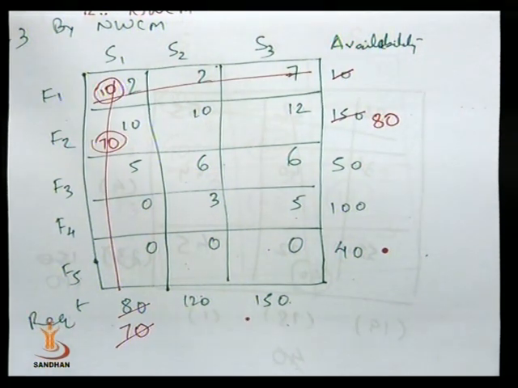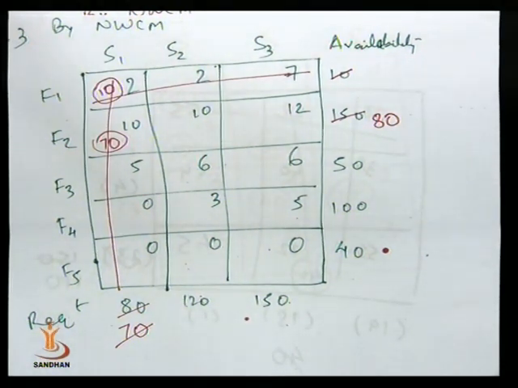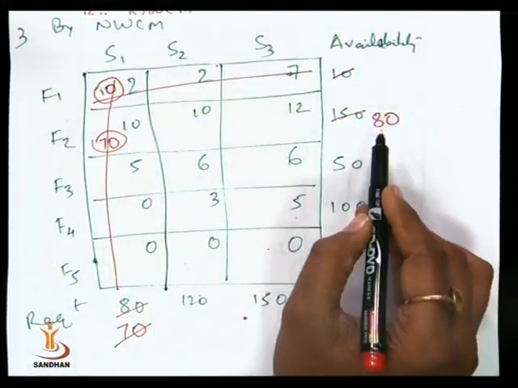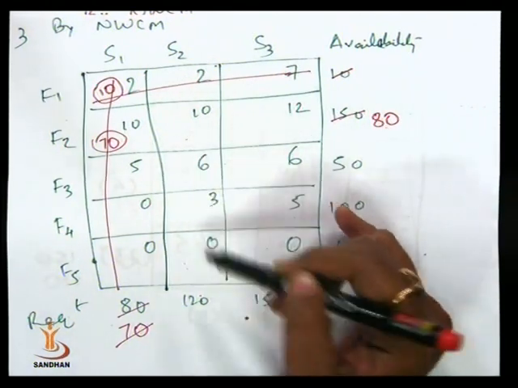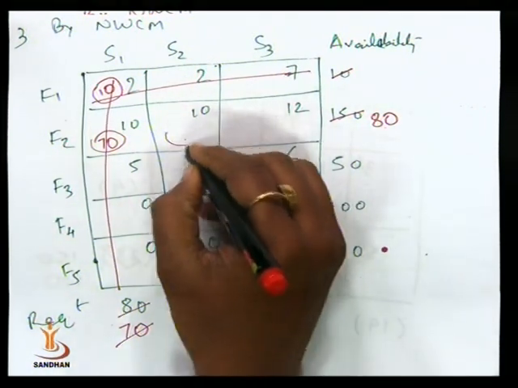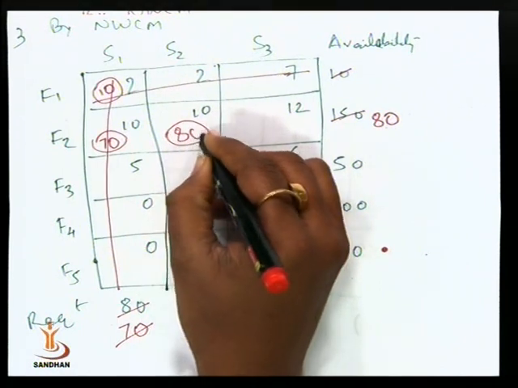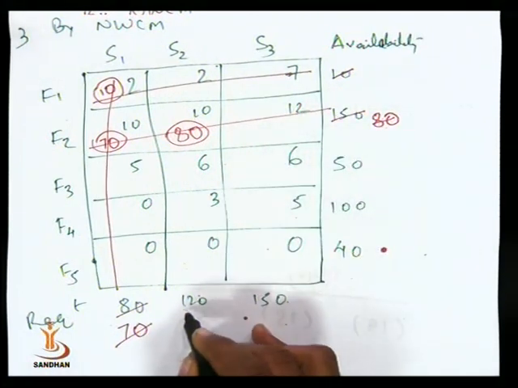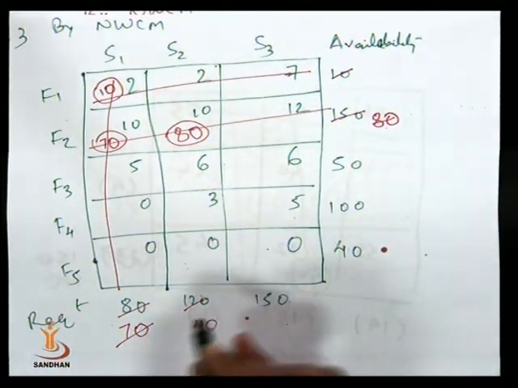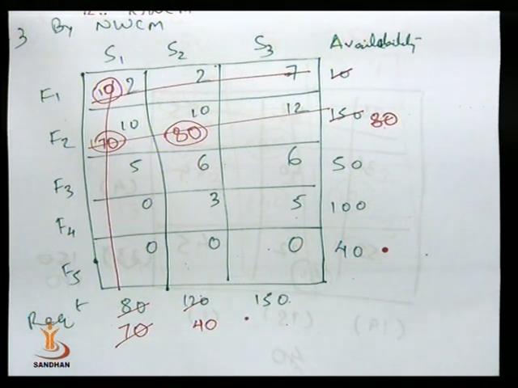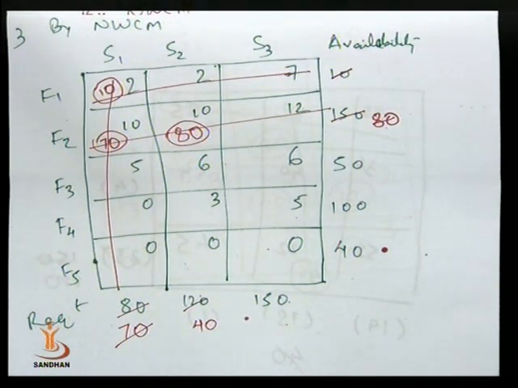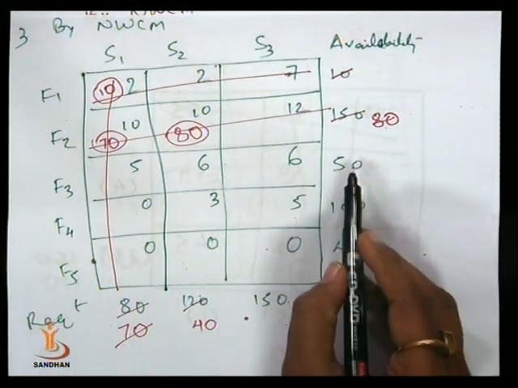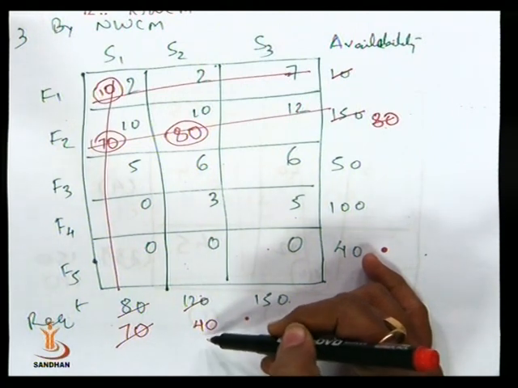Now the northwest cell is F2 S2. In that cell, availability is 80 units and requirement is 120 units. We allocate 80 units in that cell. So the availability of F2 is satisfied and a requirement of 40 units of S2 is still there. Now the reduced matrix is of size 3 by 2. The northwest cell is F3 S2. There is an availability of 50 units and requirement of 40 units.